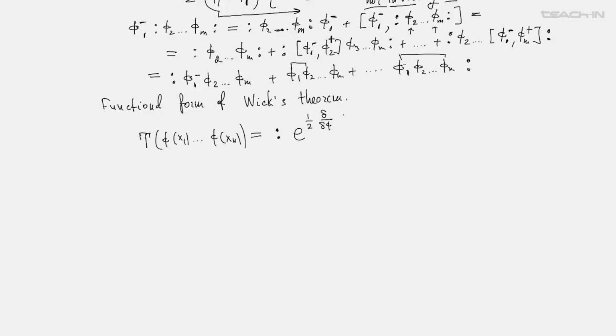And then there is a product phi on x1 and so on phi on xn, where these fields phi on x1 and so on phi on xn are considered as classical fields, not as operators, but just as classical fields, and where after the computation of this exponential operator acting on these fields, you have to substitute classical fields for operators and normal order them.